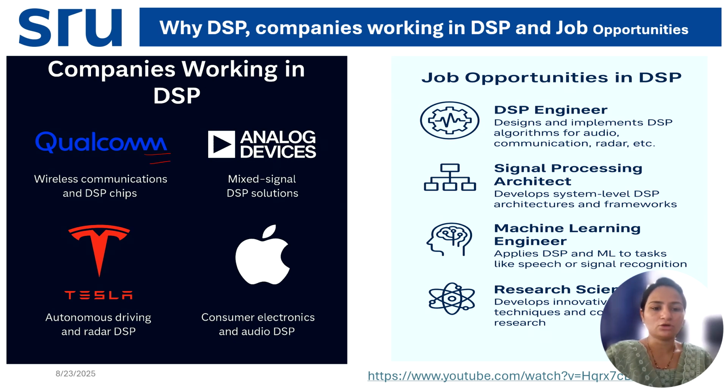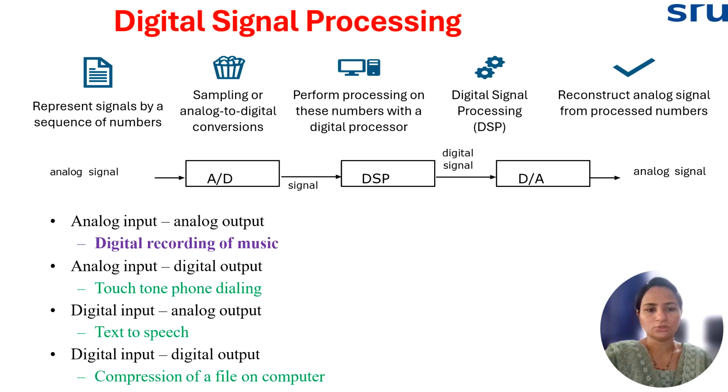Then we have Analog Devices, Apple consumer electronics, and Tesla. All these are working on digital signal processing. After learning this course, the knowledge will be helpful for you to work as a DSP engineer, signal processing architect, machine learning engineer, and also as a research scientist.